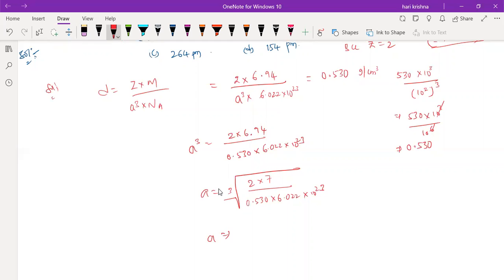Finally we'll get 3.52 into 10 power minus 8 centimeters. The final answer will be 352 picometers. Understand? Is it clear for everyone? Yes, sir. So calculation speed is what is important in solving these numericals.